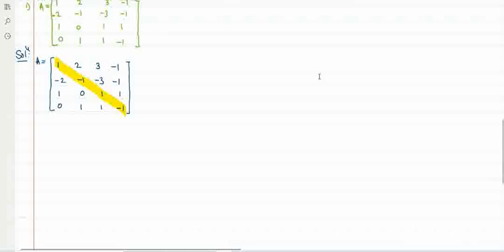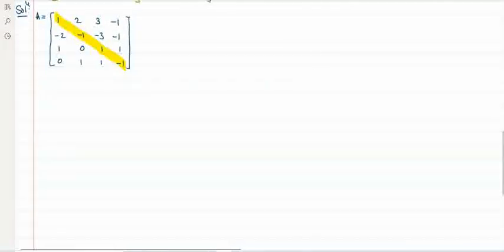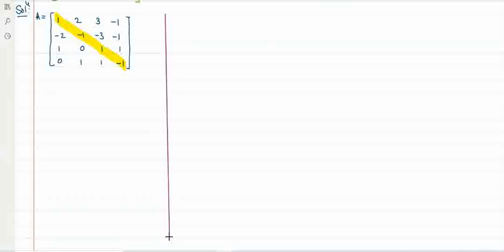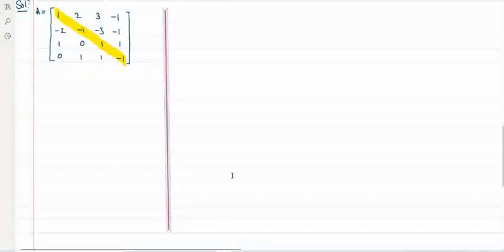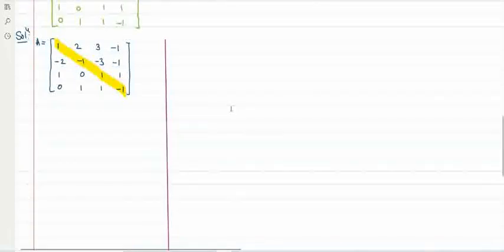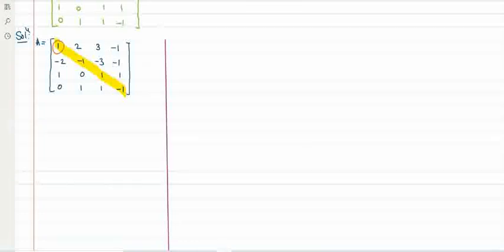So you are reducing this matrix to echelon form. That means you have to apply only row transformations, and in such a case it may not be possible to avoid fractions in the echelon form. Our first target: if it is possible to obtain this element as 1, it's okay, but it is not necessary for echelon form.